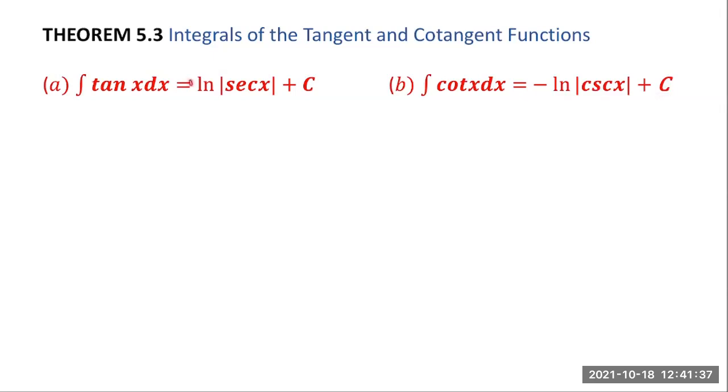All you need to do is show that this is an antiderivative of this function tan x. How do you show that this is an antiderivative of tan x? You differentiate this function and show that you get tan x. Again, to prove this formula, you show that the derivative of this function is cotangent x. Okay, that will show that this integration formula is true. All right, let's move on.